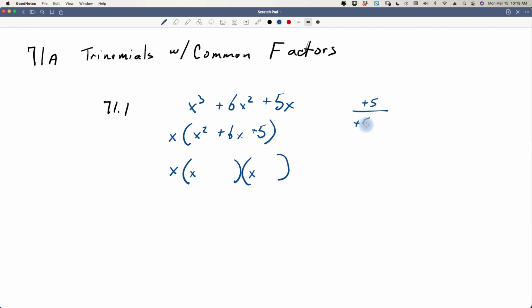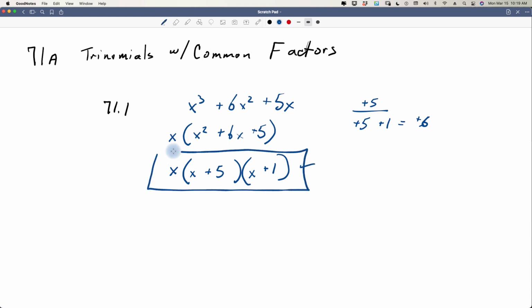Well, positive 5 times positive 1 would give us a positive 6. So that is our factors, positive 5 and positive 1. Pretty easy peasy. And you could check that with the FOIL method if you would like, but that is the correct factorization.